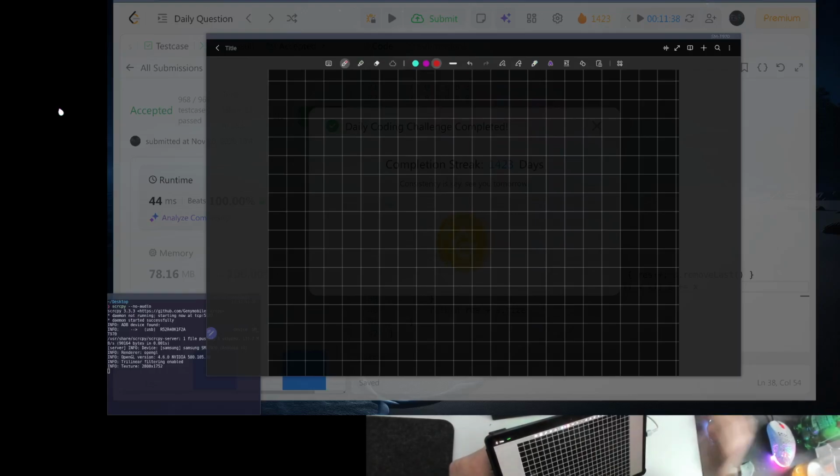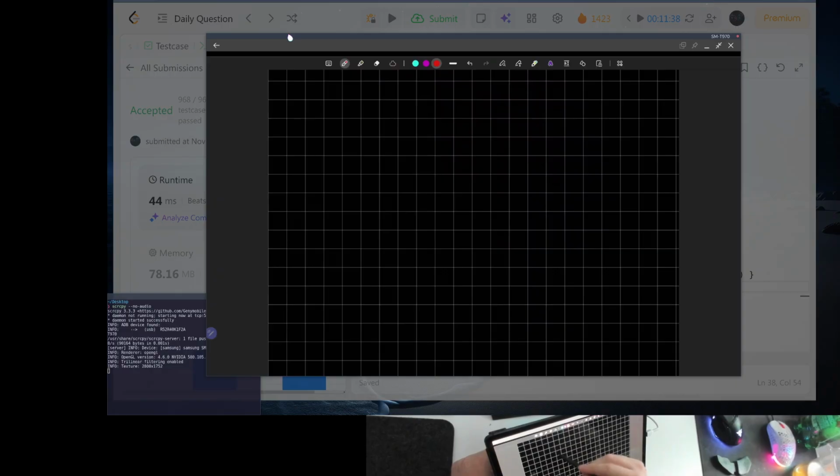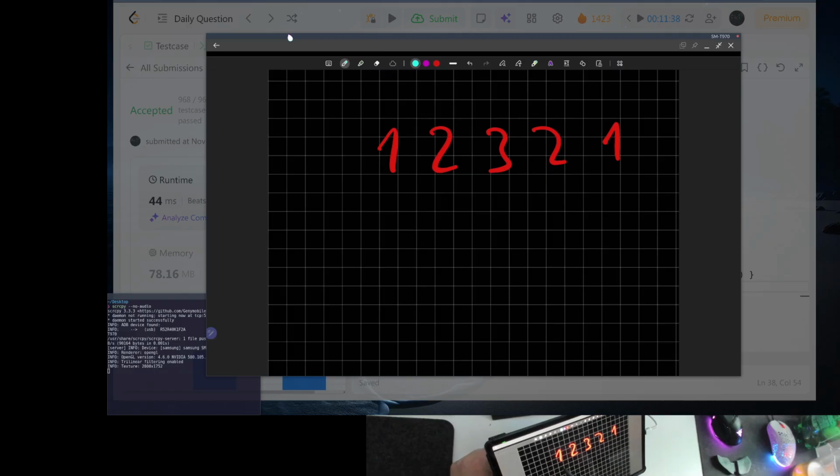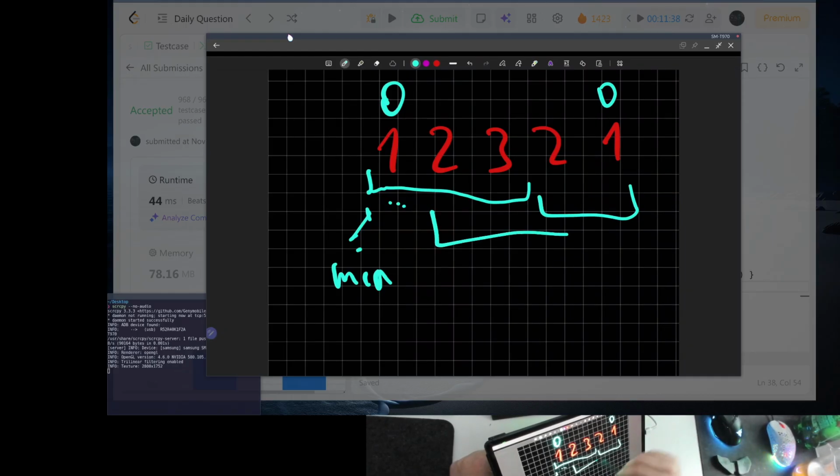We have numbers and we have some operations on them. Imagine we have this kind of numbers, and the operation is to choose some subarray, like this for example, then pick the minimum value in this array, and you can set all the instances of this value to 0, and repeat this process until you have the whole array at 0.